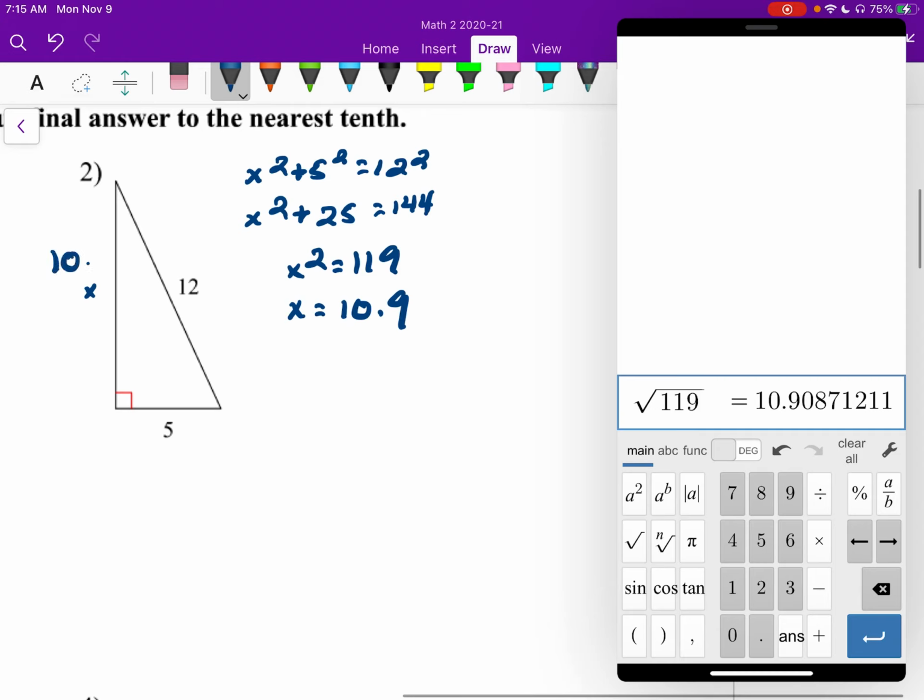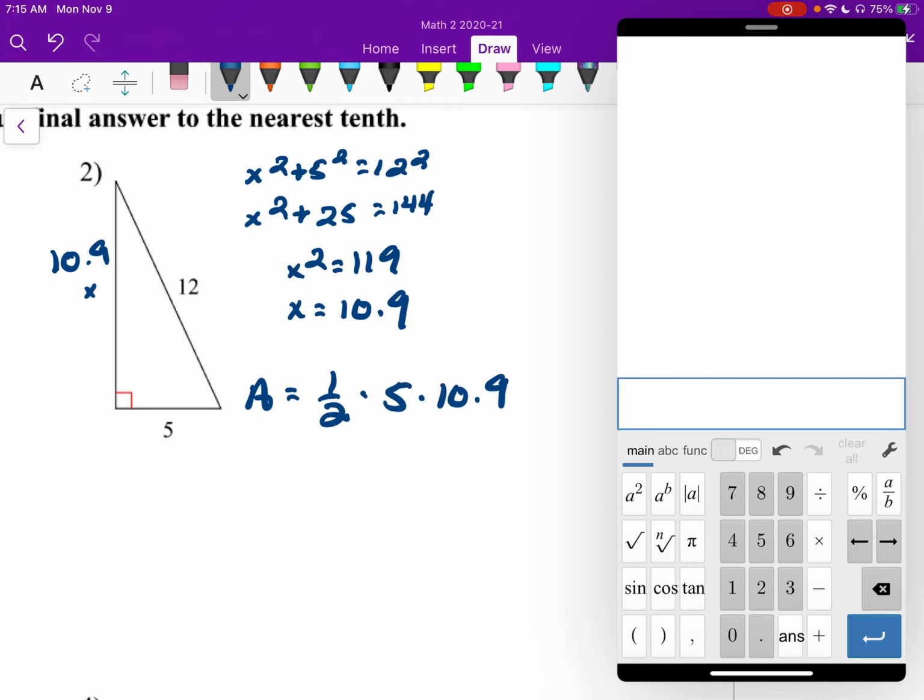So this side here is 10.9, so our area is going to be 1/2 times 5 times 10.9. So I'll say 0.5 times 5 times 10.9, 27.25. And it said round to the tenth, so we'll say 27.3.